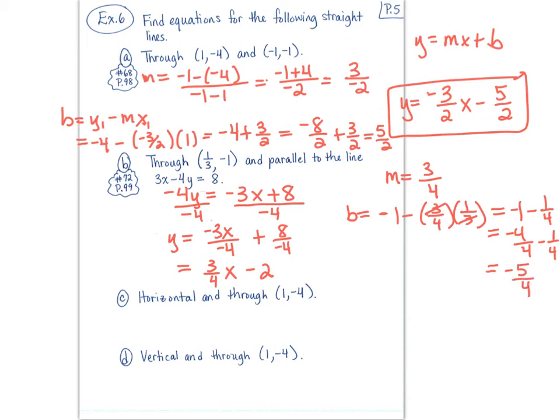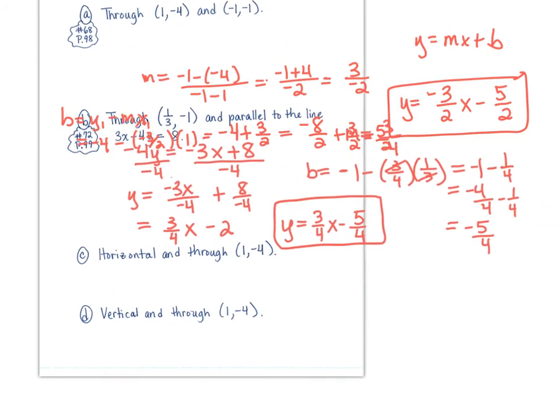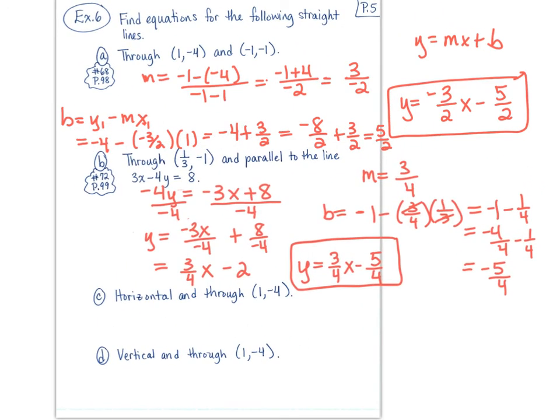So when we put everything together, y is going to be 3/4 x minus 5/4. Very good. So this is the equation of the line through the point 1/3, negative 1, and it's parallel to the line 3x minus 4y equals 8. Very good. What questions do you have?